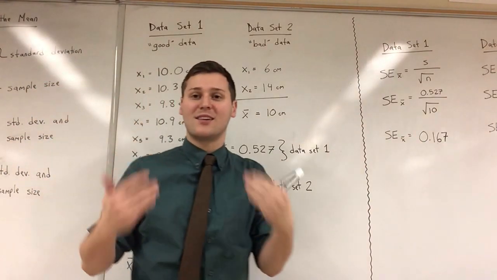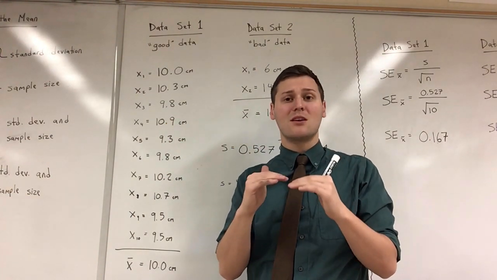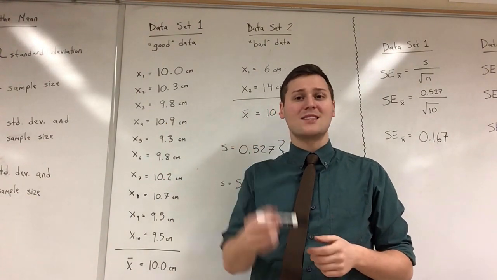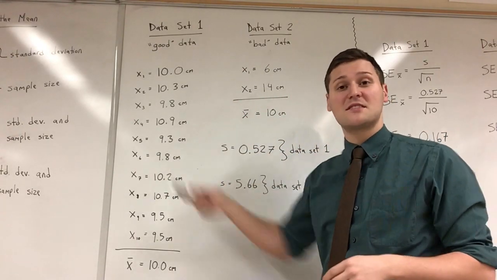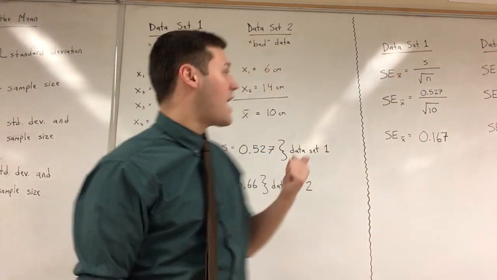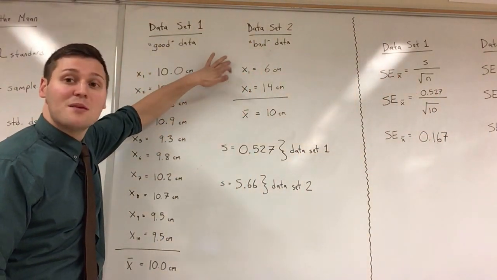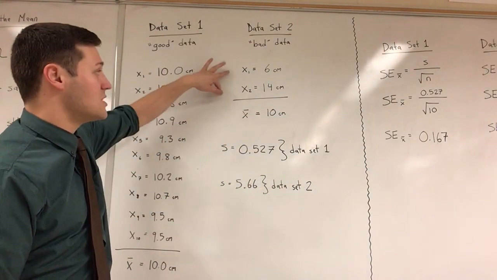So you making that claim that the average height of a plant is about 10 centimeters, and that's about where the plant is going to grow if given ideal conditions, this would be good data to support that. Whereas this would be bad data. So yes, it gives you the same average, but here you only have 2 data points. That's not a very convincing argument with only 2 data points.